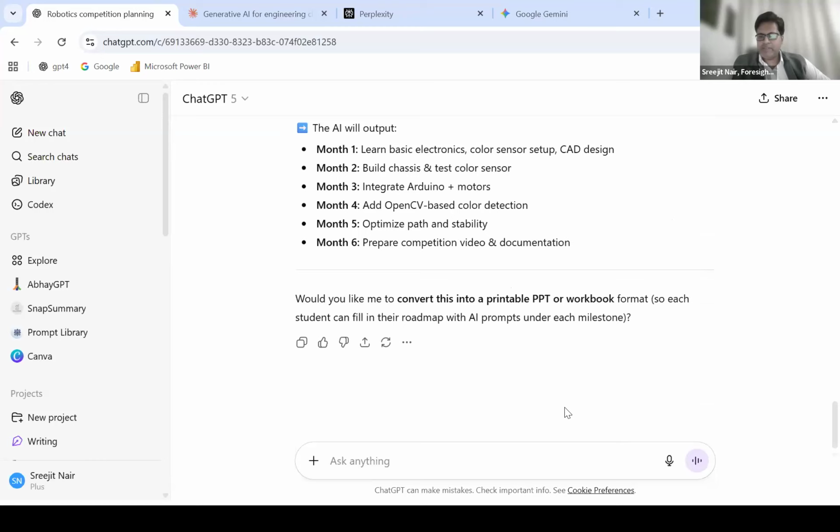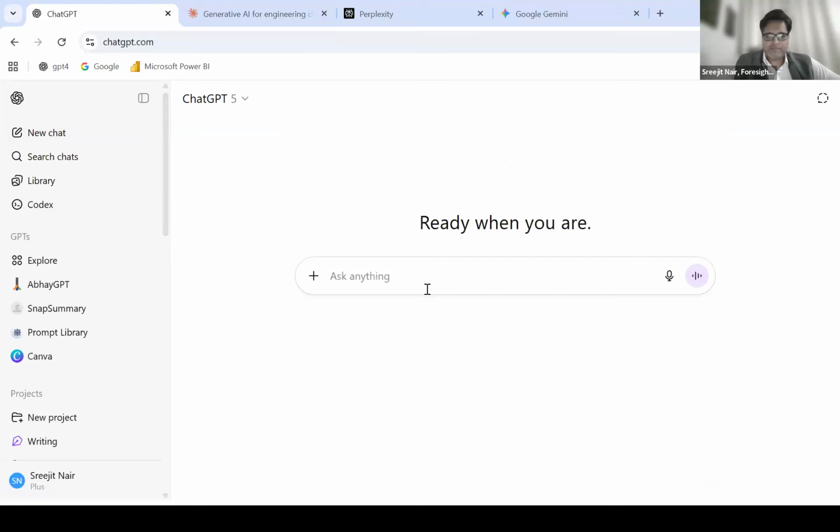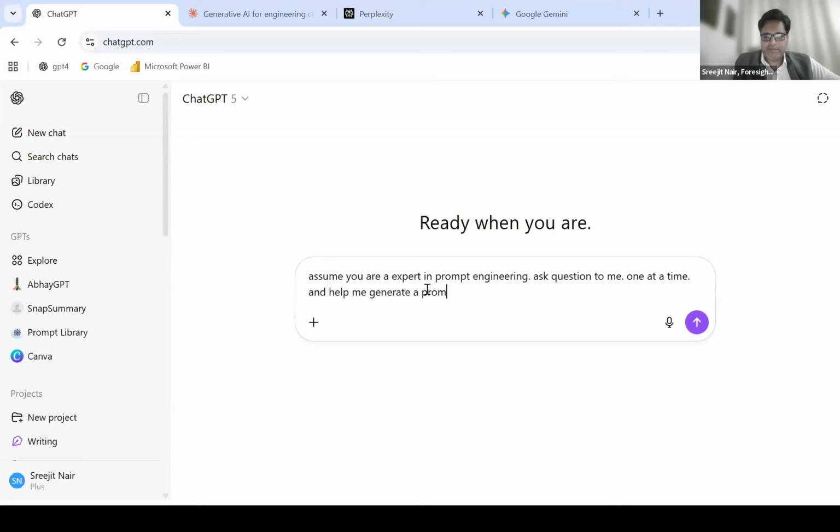So this is one example. Another can be a very simple one: assume you are an expert in prompt engineering. Ask questions to me one at a time and help me generate a prompt.